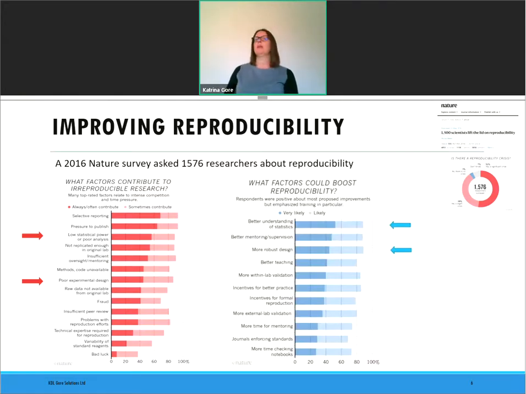And when people were then asked what could boost reproducibility, the top one was a better understanding of statistics, and I would wholeheartedly agree with that. And also a more robust design was mentioned. These were two key aspects of what I do and what I really am passionate about, and sharing that information is really important to me.